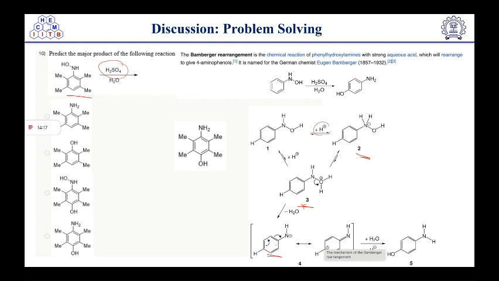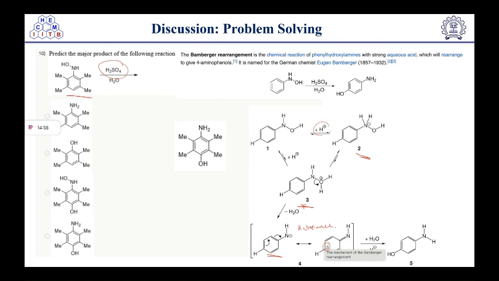After getting this intermediate, these two are resonance structures, right? Because this group is a para-directing group, at the para position, sorry, we have positive charge, right?